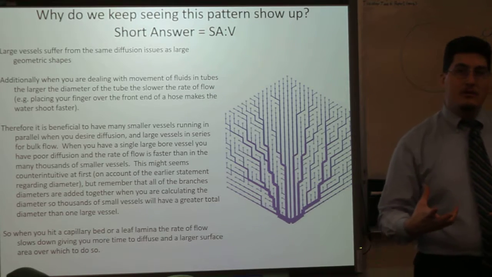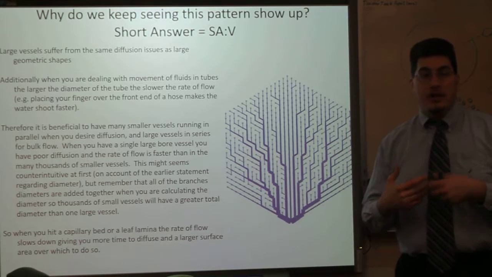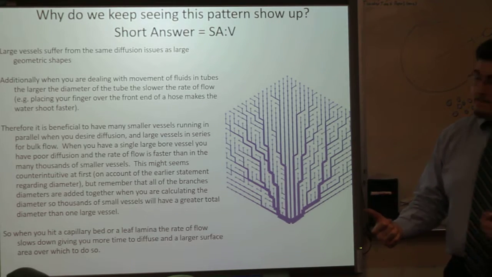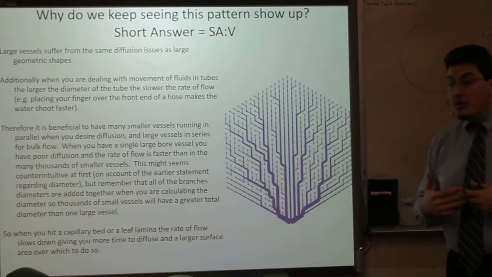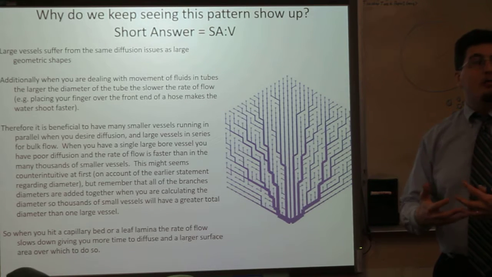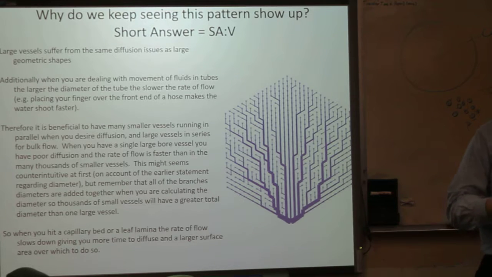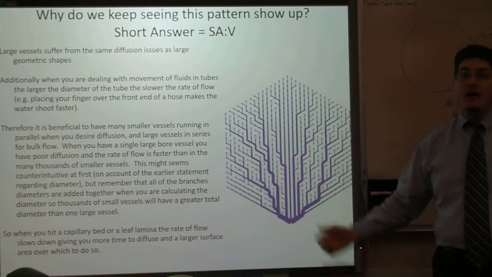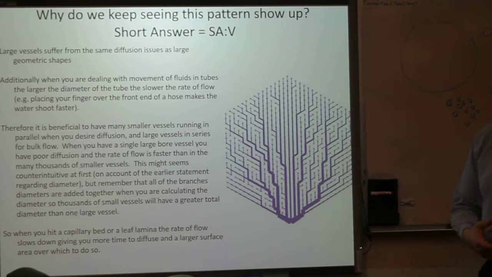So if your large vessel has a certain volume of blood flowing through it, and that leads to a whole bunch of smaller vessels, then the total net flow of all those smaller vessels must be equal to the flow of that larger vessel. The same volume per unit time must flow through it. And if the total cross-sectional area of all those small vessels is bigger, that means the flow will be slower. Slower flow through those small vessels means you have more time for diffusion to occur.